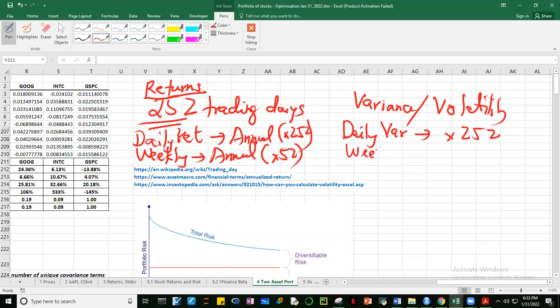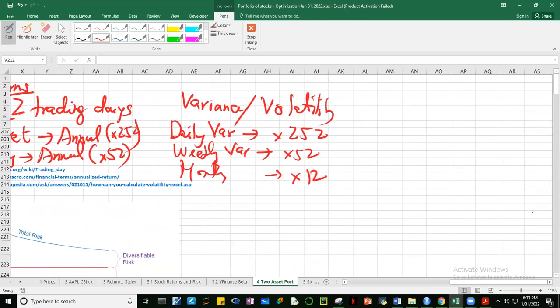Pag weekly var yung meron natin, gagawin natin yearly variance times 52, and then pag monthly, same thing, no? Monthly times 12. Now, it's different, guys, if you're computing for the standard deviation. Kasi pag standard deviation, syempre, you can get the standard deviation by getting the square root of the variance.